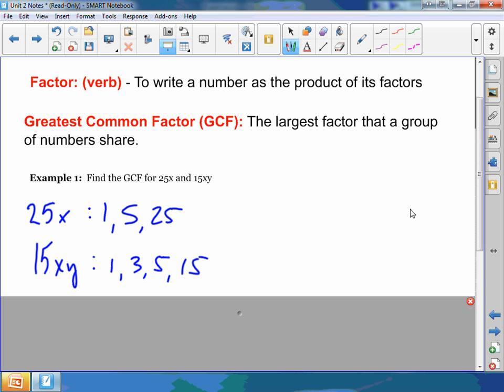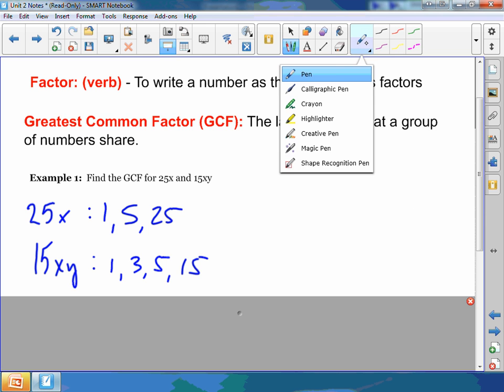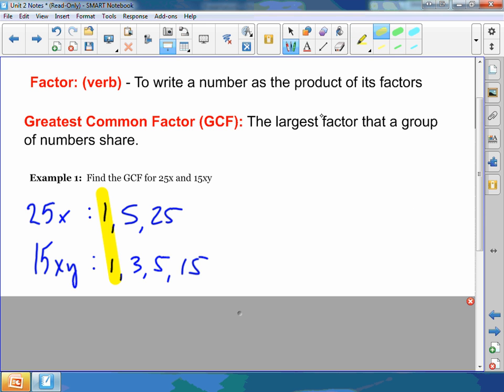Exactly. How many of you make a list, kind of like Riley said? Whether you do it on paper or sometimes maybe just in your head, kind of make that list. That's a good way to do it. So she's saying, yeah, I've got common factors here and here, but you're going to want the larger of those two, so in this case obviously that would be 5. So our GCF is 5.